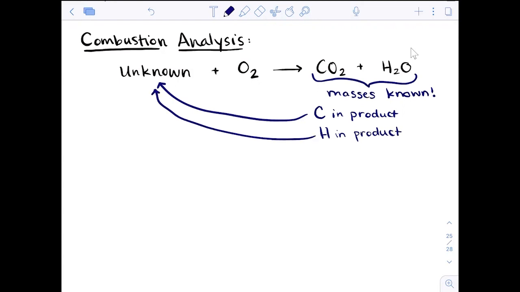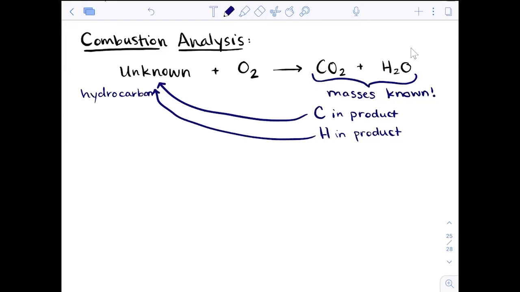So usually what we have for this unknown is called a hydrocarbon. It's a hydrogen and carbon containing compound. So what we get to do with this is start to identify a couple of different things in this setup.